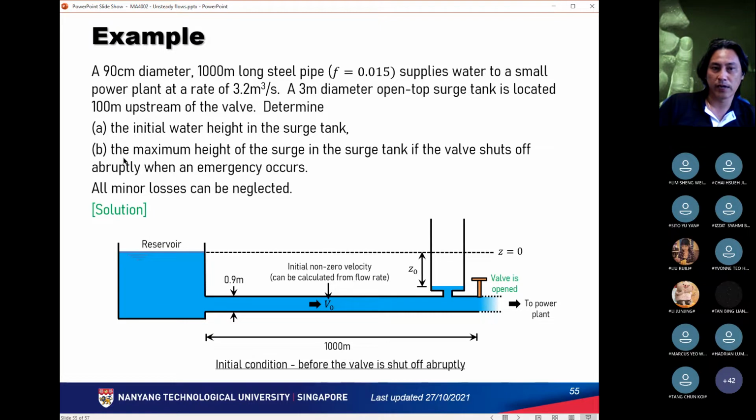That's for A. For B, we're asked to estimate the maximum height of the surge in the surge tank, that means the very first surge, Z max, if the valve shuts off abruptly when an emergency occurs. And to simplify the problem, thankfully, this question tells us that all minor losses can be neglected. So this is the initial condition.